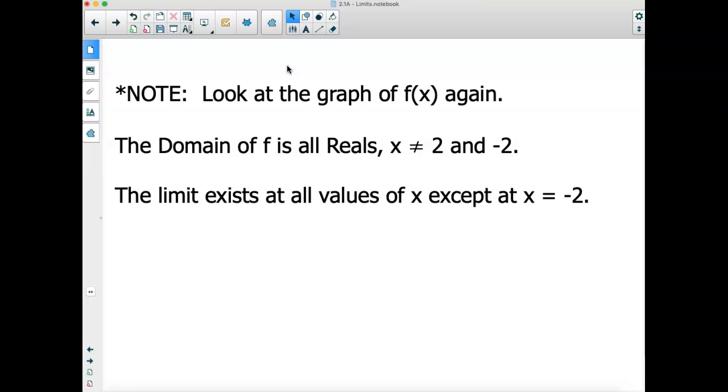The limit exists everywhere on this function except -2 where that vertical asymptote was. The limit still existed where that hole was. The point does not have to exist for the limit to exist. I just need to be approaching the same value from both sides, okay?